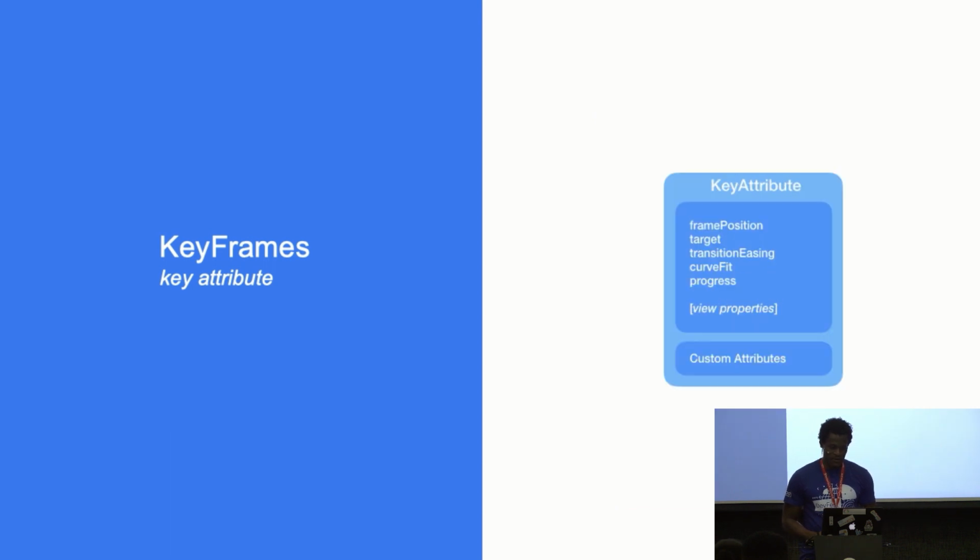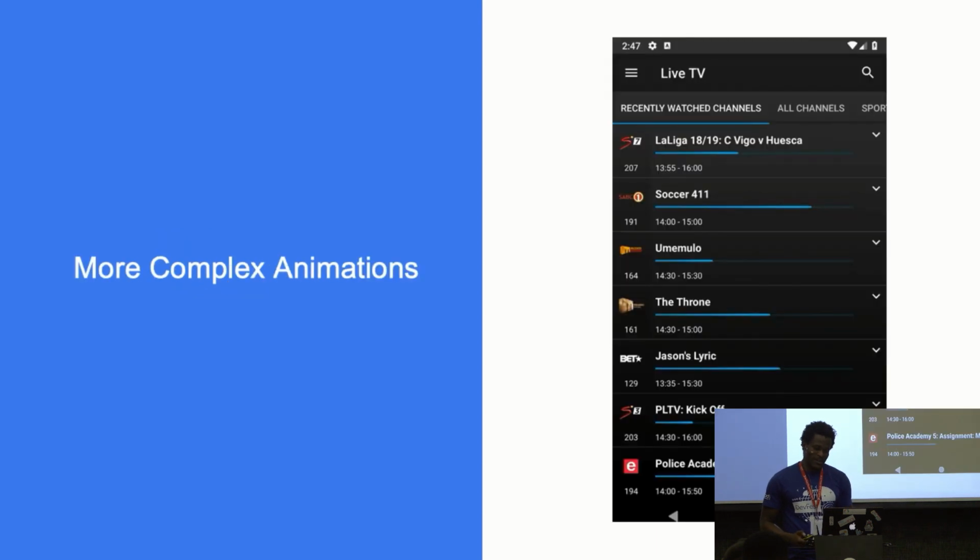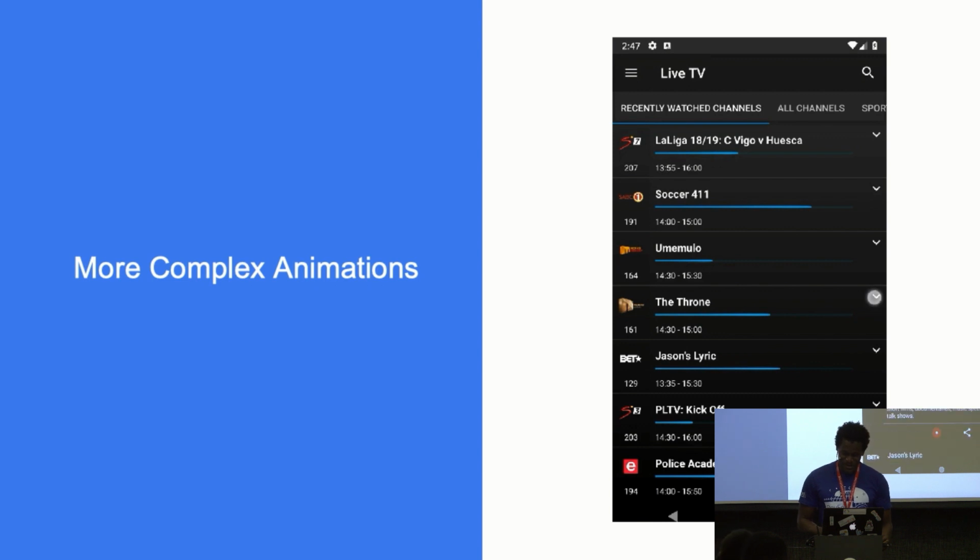And key attributes. These are a bit more complicated. This is a bit more physics, and it just helps you to have more fine-tuned animations. I'll give you an example of a complicated animation which has multiple states in it. If you look at this one, you've got that arrow at the top right.